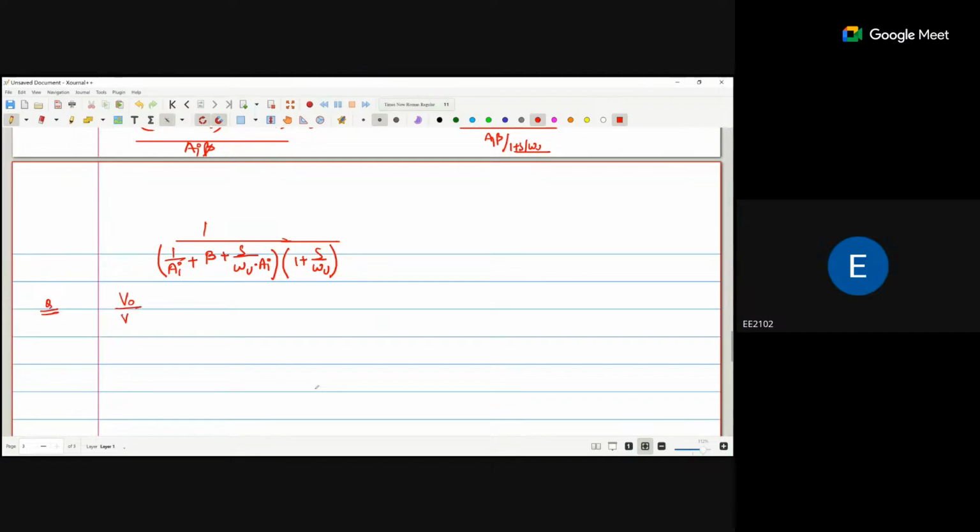So Vo upon Vi is, I think somehow, 1 by β into 1 upon 1 plus S upon A0β ωu.